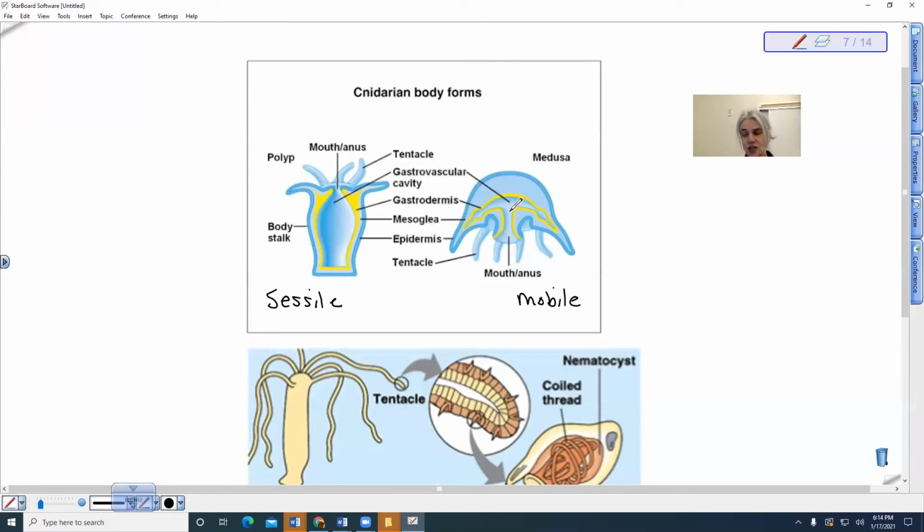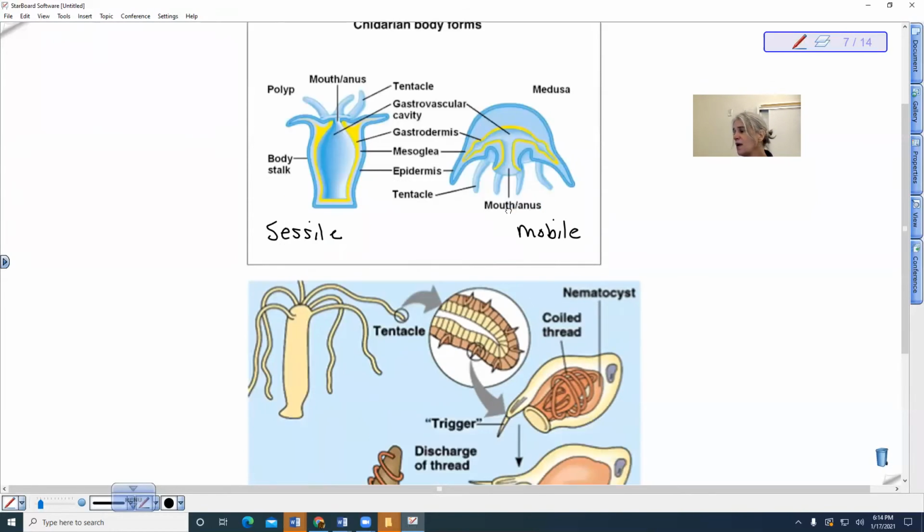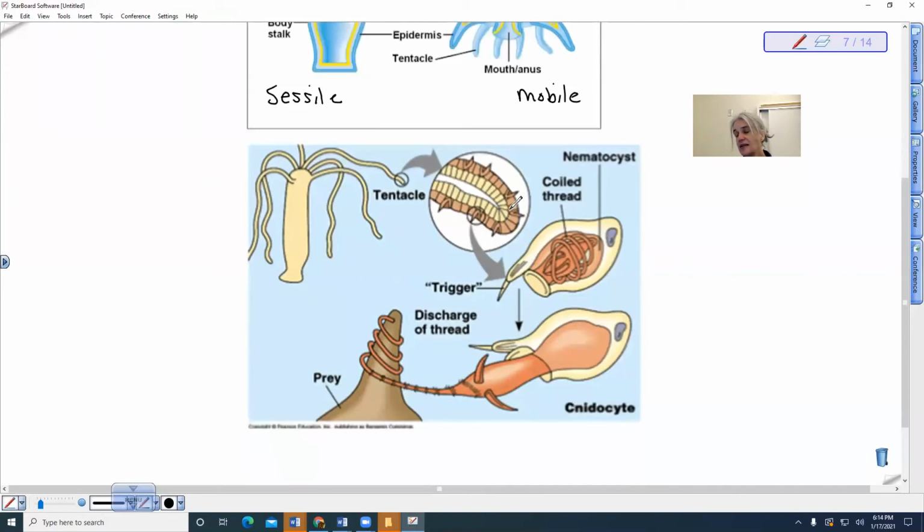And the jellyfish. When we look at the Cnidarians, the reason why they are called Cnidarians is they have specialized cells called cnidocytes. These are stinging cells.